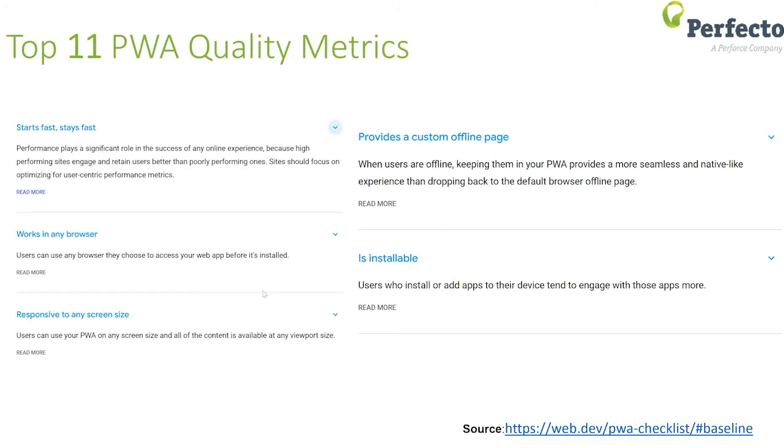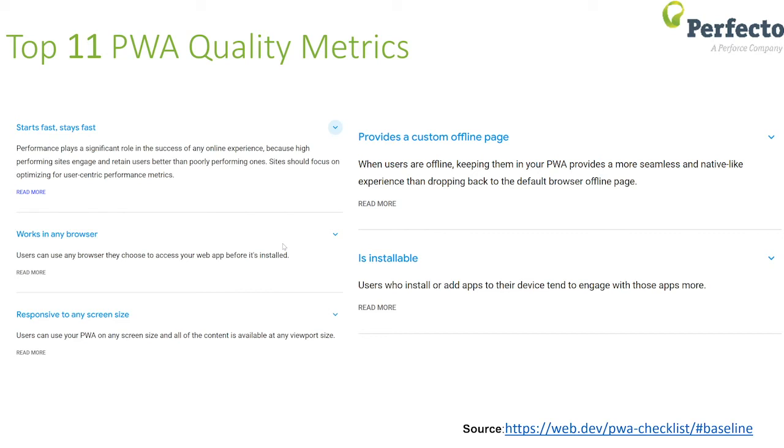So to get started, my recommendation, even before writing your first line of code for testing, is to leverage what's already out there. Look at the Google Lighthouse and PWA checklist, and they have 11 out of 14 baseline tests that they recommend you to do. They actually provide it to you through the Lighthouse audit, so a lot of these things are already automated for you.